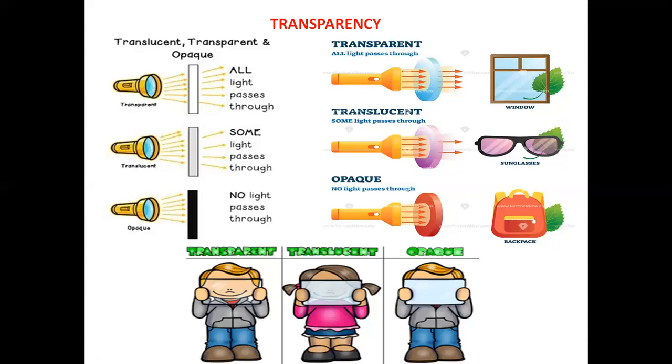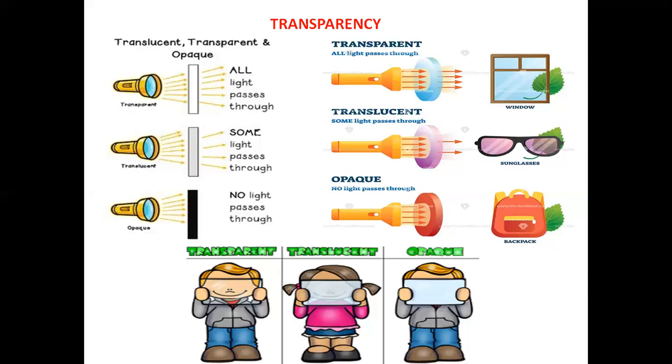When you are riding a cycle, or your father or mother is riding a two-wheeler or a car, they are wearing sunglasses. That will help them to observe what's happening, to have a look at the surroundings, because they are riding on a road.